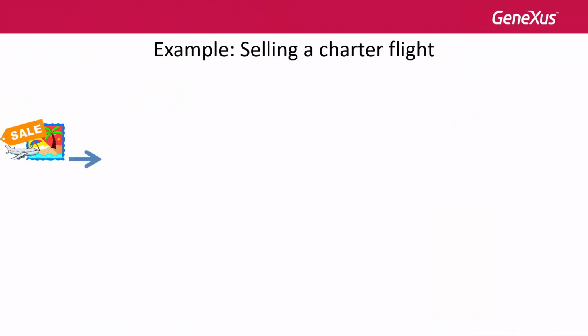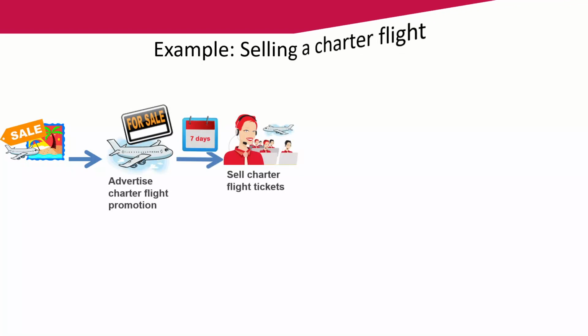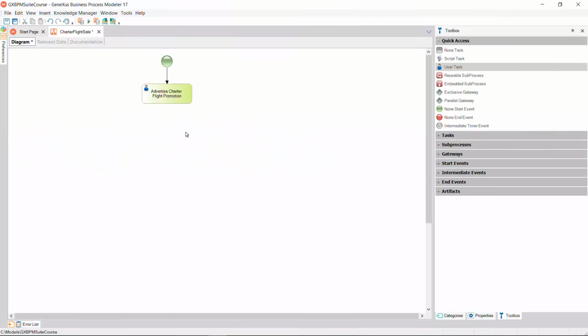According to the travel agency's instructions, once the promotion has been published, we must wait 1 week to start selling the flight tickets. To implement a delay, we use an event of timer type. So we drag an intermediate timer event to the diagram and join it from the task Advertise Charter Flight Promotion. Next, we press F2 and add the description 1 week delay.